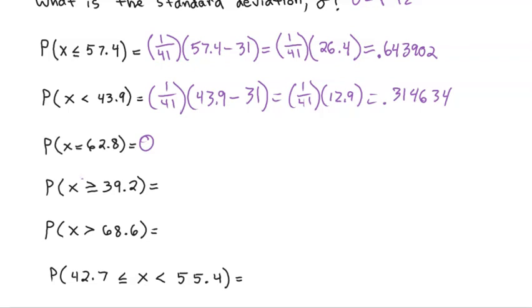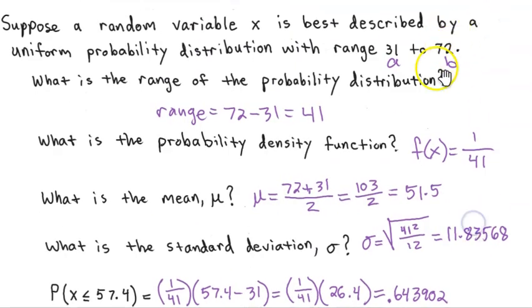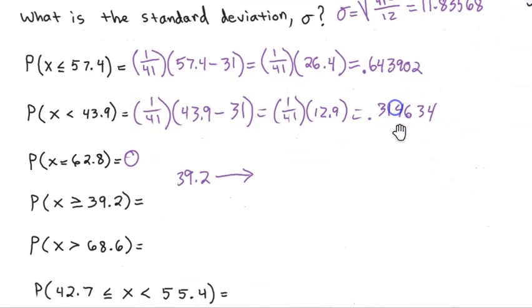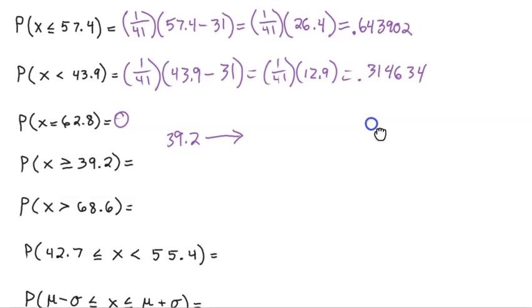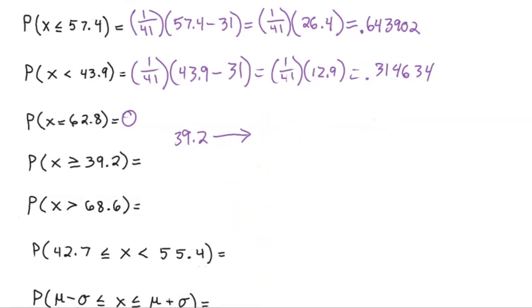All right, this one says the probability that x is greater than 32.9. So in this case, our interval is going to start at 39.2 and go up to, what was our other number? 72? Our upper is 72. Yep. All right, so we're going to do from 39.2 up to 72, okay?